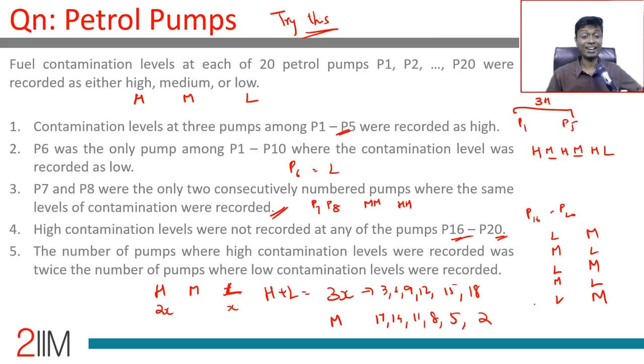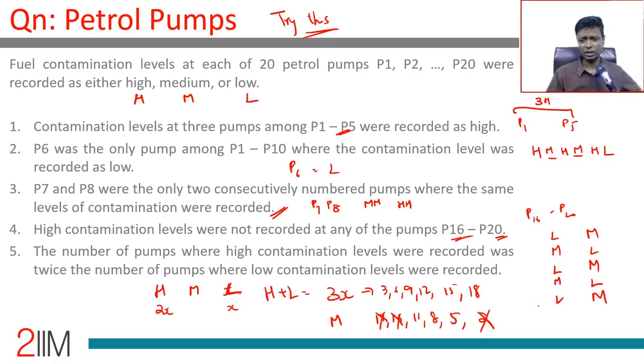Brilliant. So we narrowed down the number for medium. We definitely know that there are at least 3 H's, which means an even number of H's, so we can rule out some of these. We'll narrow down even further, but we can already see that M cannot be 2 or 17. It cannot be that low or that high.